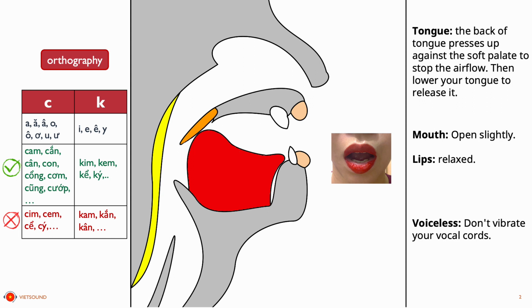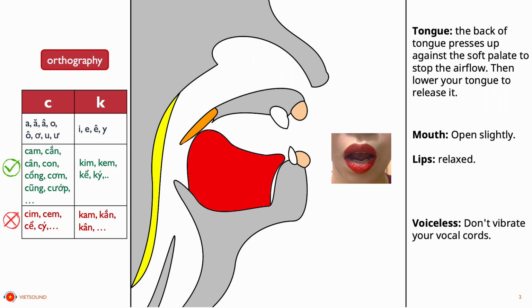Okay, so we know that in Vietnamese we have 12 vowels like a, o, u, i, e. So the letter C is followed by vowels like a, o, u.